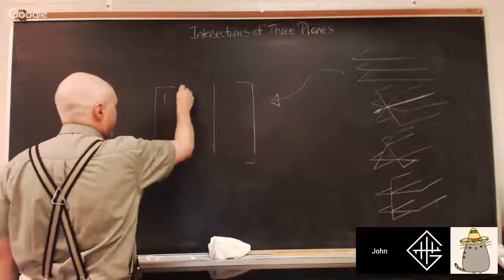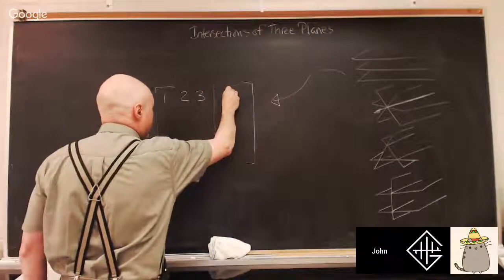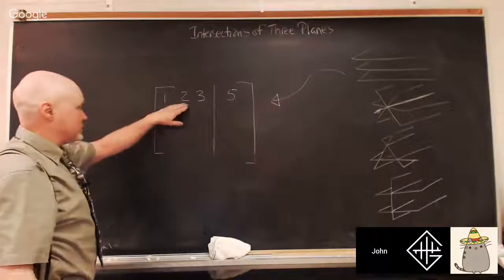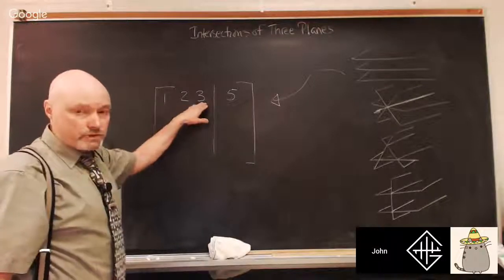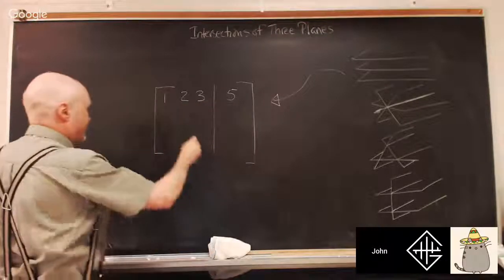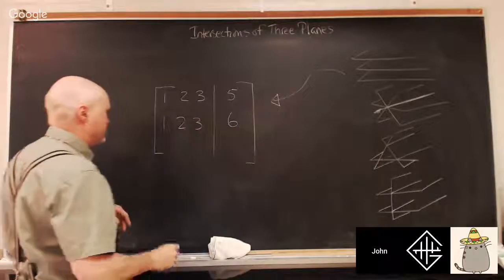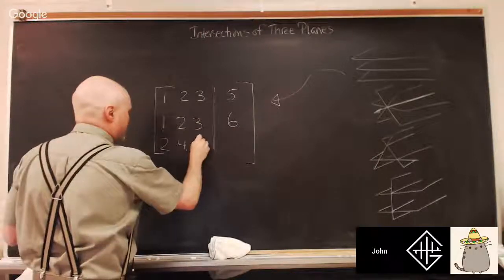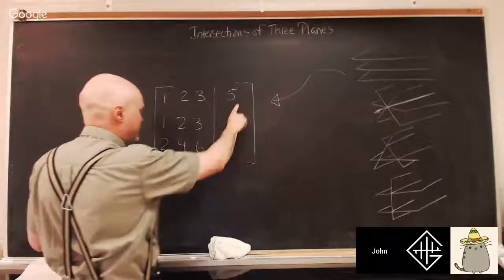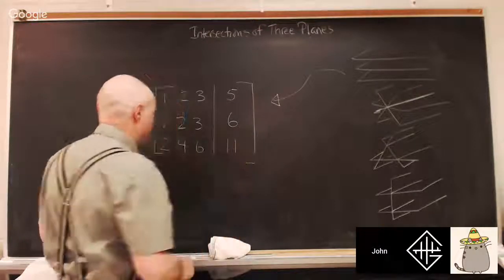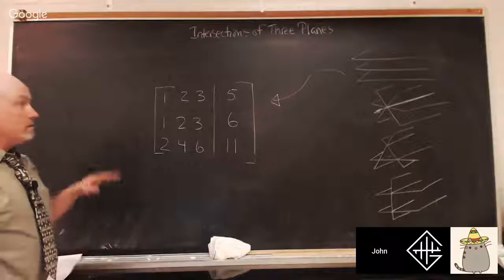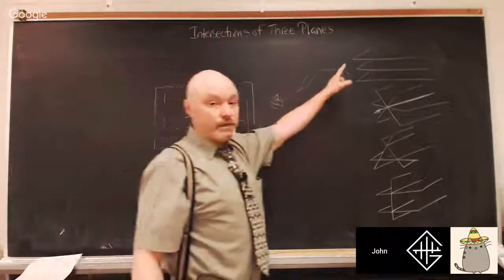So this might be 1, 2, 3, 5. In other words, x plus 2y plus 3z equals 5. And then 1, 2, 3, 6. And then what about 2, 4, 6, 11? All right. These planes are parallel.